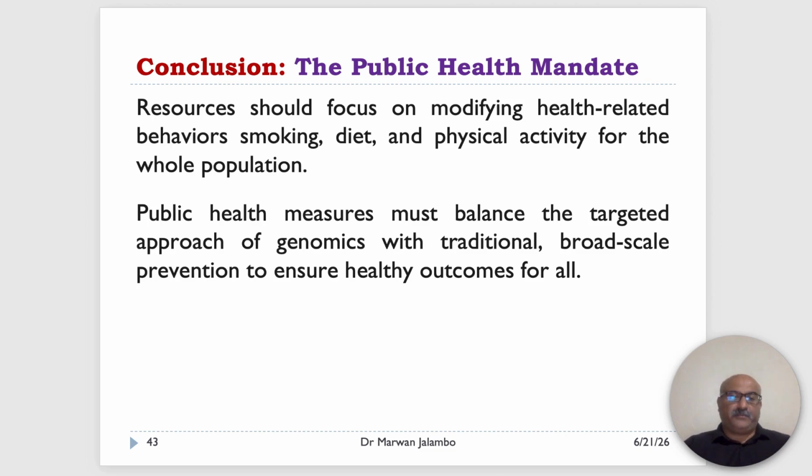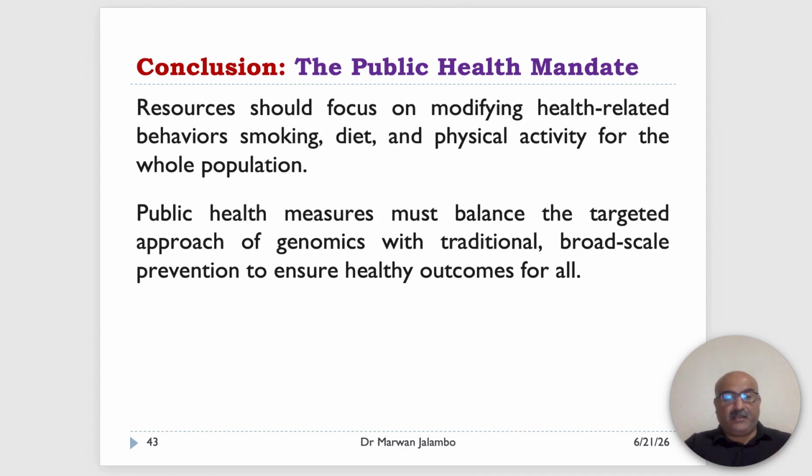The conclusion. As we wrap up our lecture, I want to leave you with the core public health consensus. Genomic medicine is miraculous, but it is expensive and highly individualized.